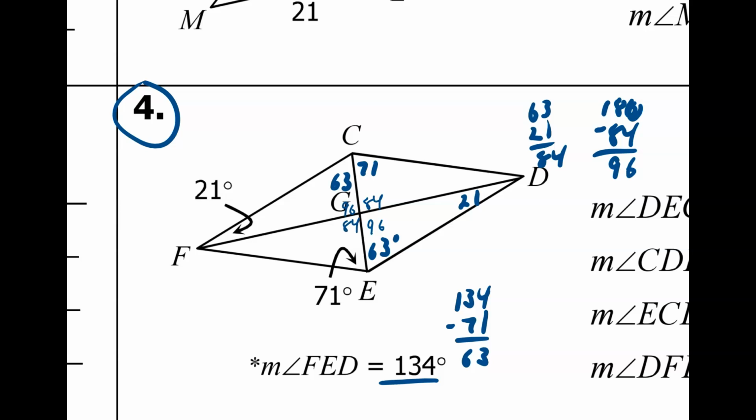84 and 84. And now we can use the three angles of a triangle to get the third angles over here. So let's see, this is 84 and 71. I'm looking at this triangle over here now. So I've got 84 and 71. Adds up to 155. 180 minus 155 gives me 25.